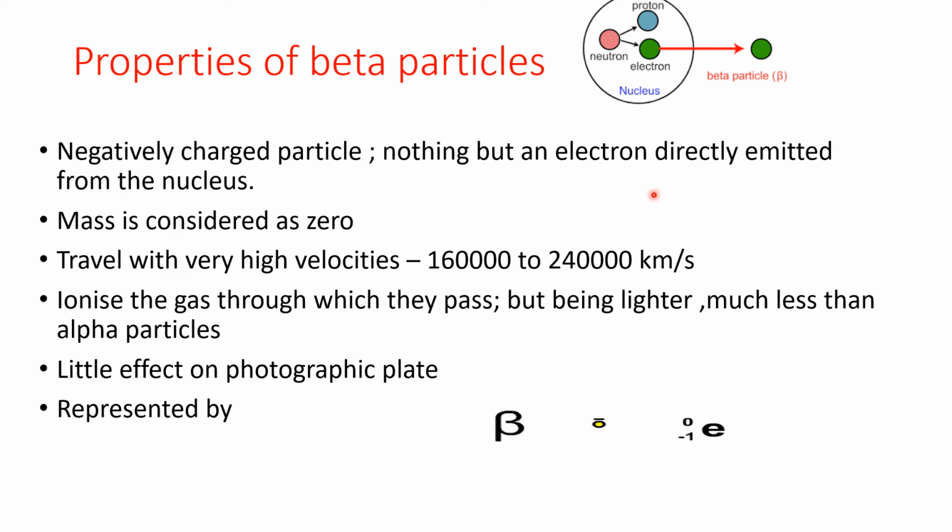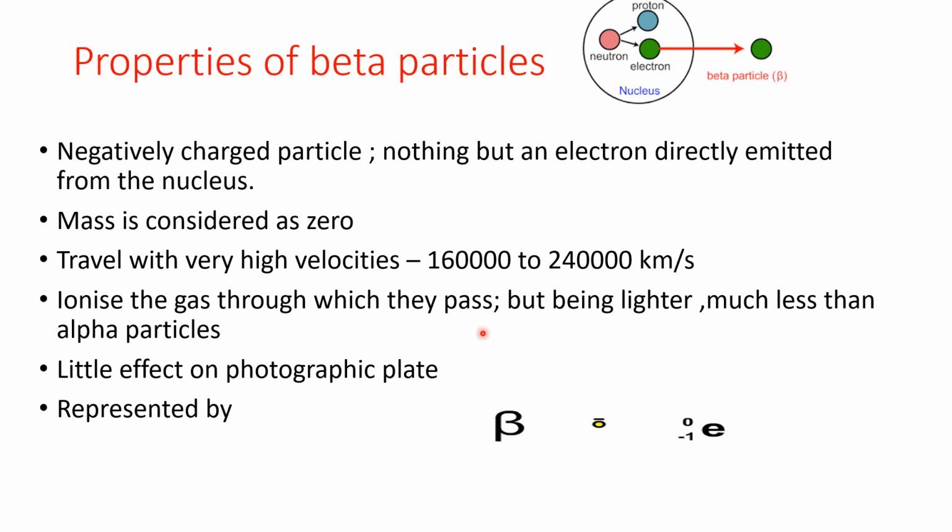So therefore, we will call a beta particle negatively charged, but we can consider that its mass is 0. It can travel with very high velocities, almost 40 to 60% of the speed of light.